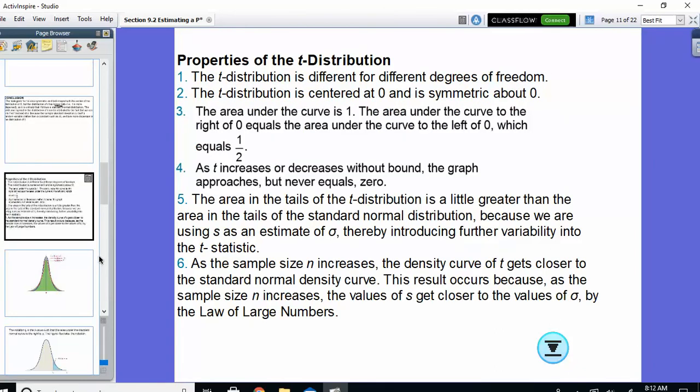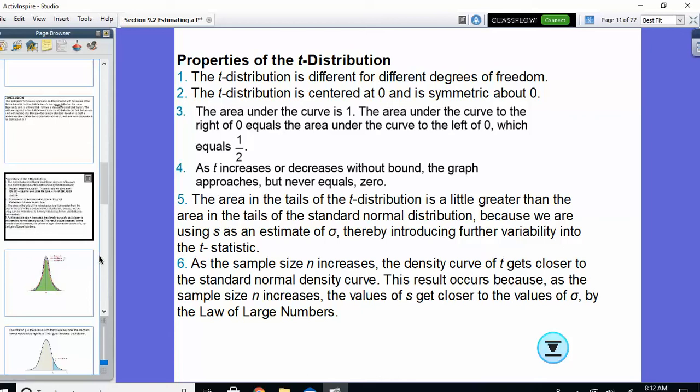So your book tells you all kinds of properties for the t distribution. It is different for different degrees of freedom. If you guys look at your formula sheet, the back page, this is the table for your t distribution.